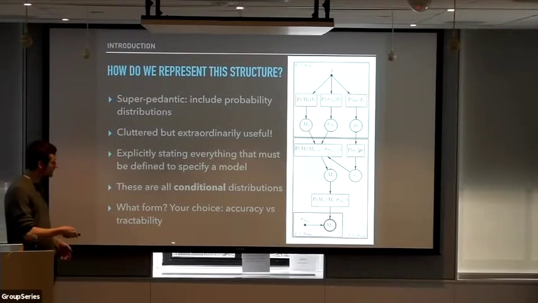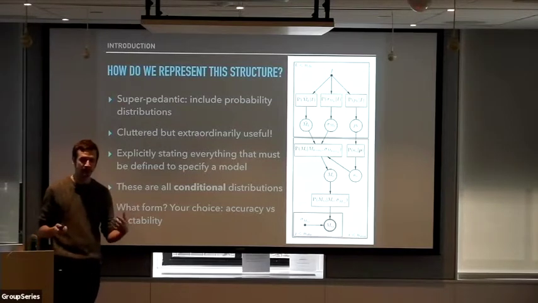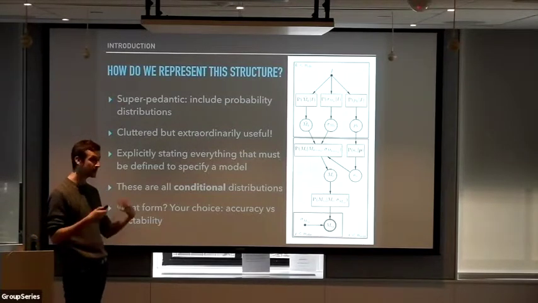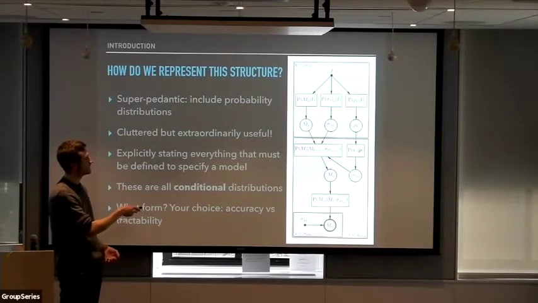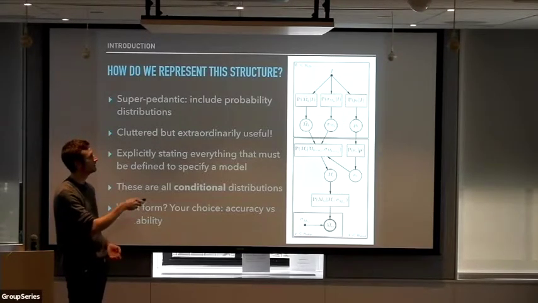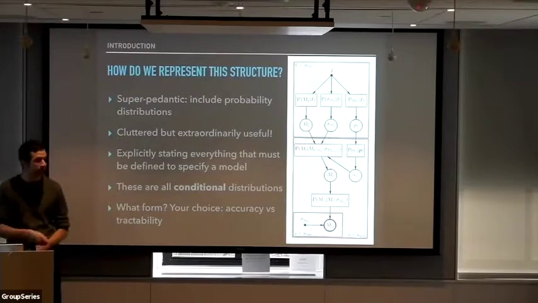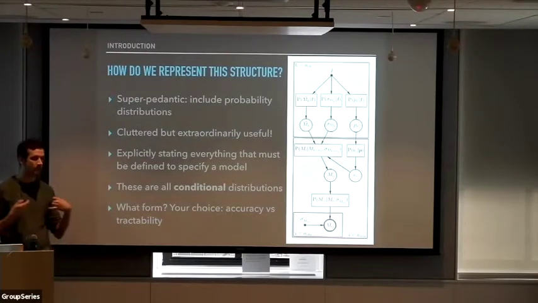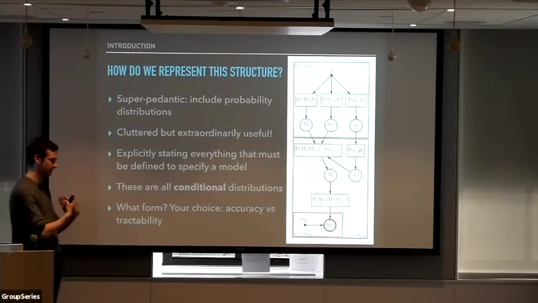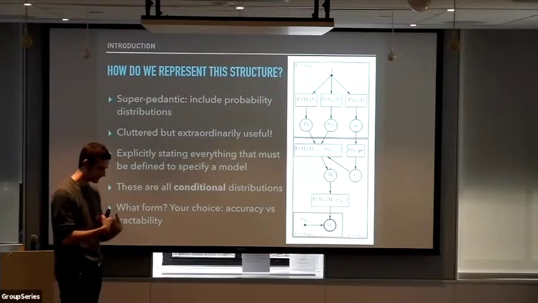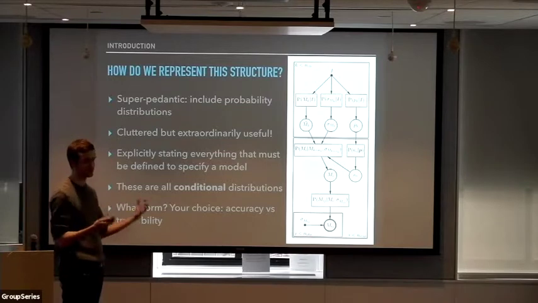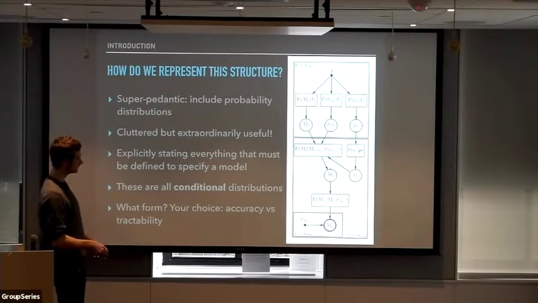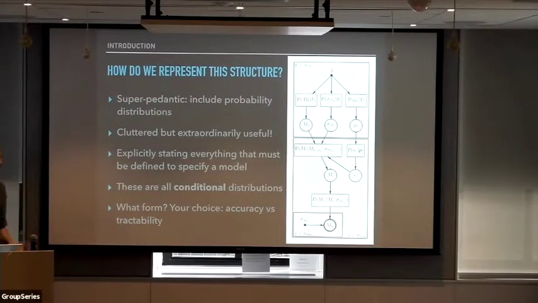But it's important to realize that might not be the best thing to do, okay? Or it might not be possible to do that. And you might want to consider putting in distributions here, or even reparameterizing your model slightly to loosen its accuracy in some sense in order to make it actually tractable. But I'll come back to that later.